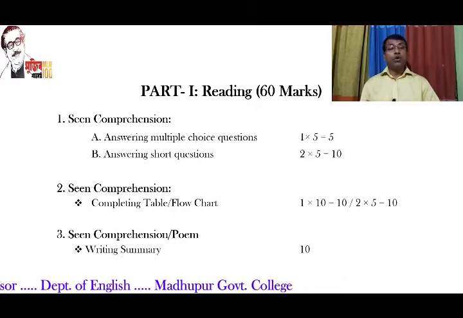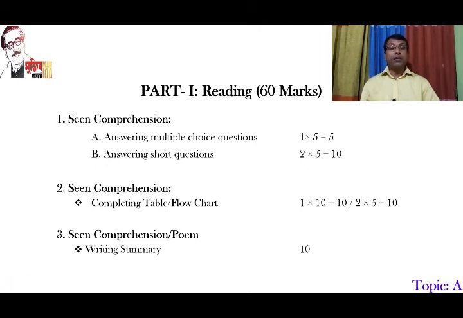You will have to answer either completing table or flowchart. In completing table, students will have 10 gaps, and these gaps should be completed with the information taken from the given comprehension. And once again, this comprehension will also be selected from the textbook.